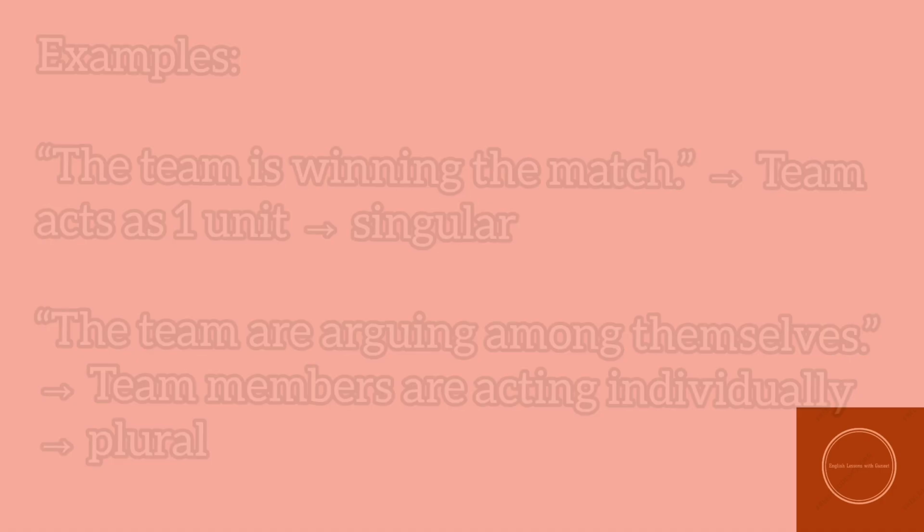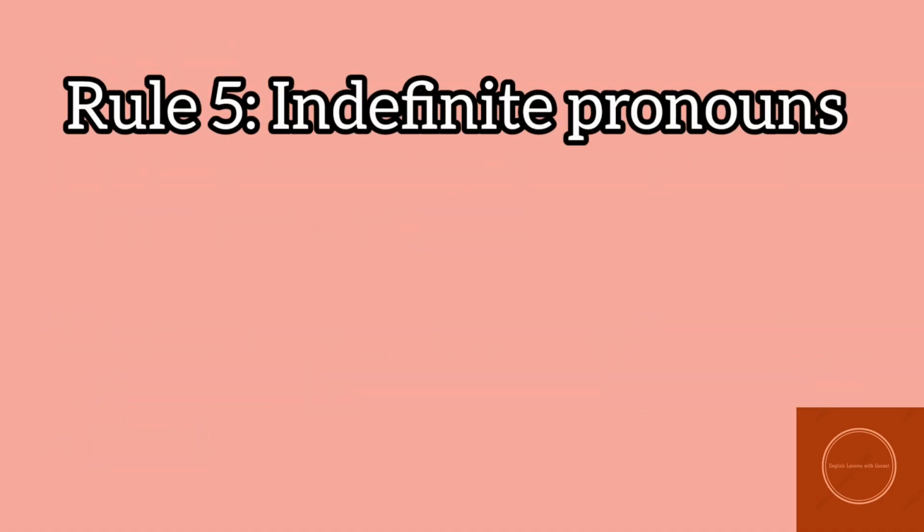Now let's see rule 5, which is indefinite pronouns. Now indefinite pronouns can be pronouns like everyone, someone. Now these words like everyone or someone are treated as singular because they refer to one person at a time, even if they feel like many. Even if it feels like everyone, if I say someone, I am just referring to one single person.